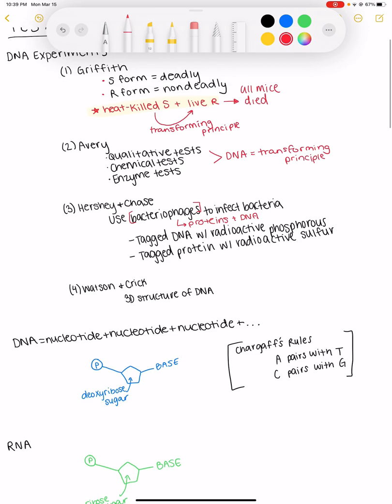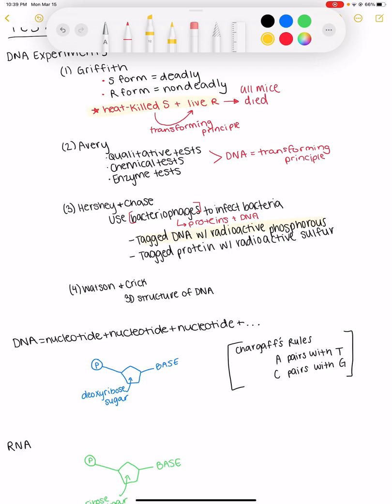And so in this particular experiment, they tagged DNA with radioactive phosphorus. This is because DNA is made up of a lot of phosphorus, and they tagged proteins with radioactive sulfur because proteins have a lot of sulfur. And so what they found, when they were tracking both of these different materials, was that it was actually the tagged DNA that was getting injected into the bacteria.